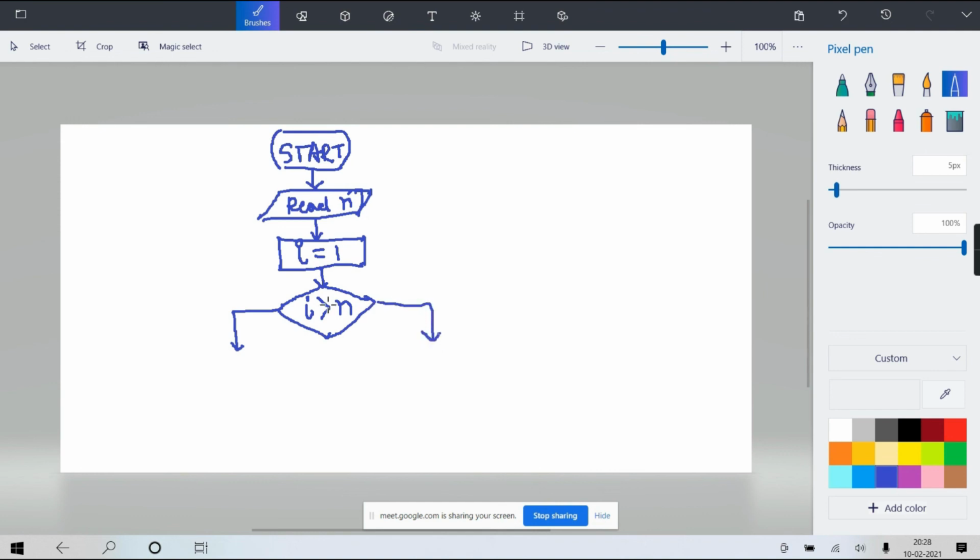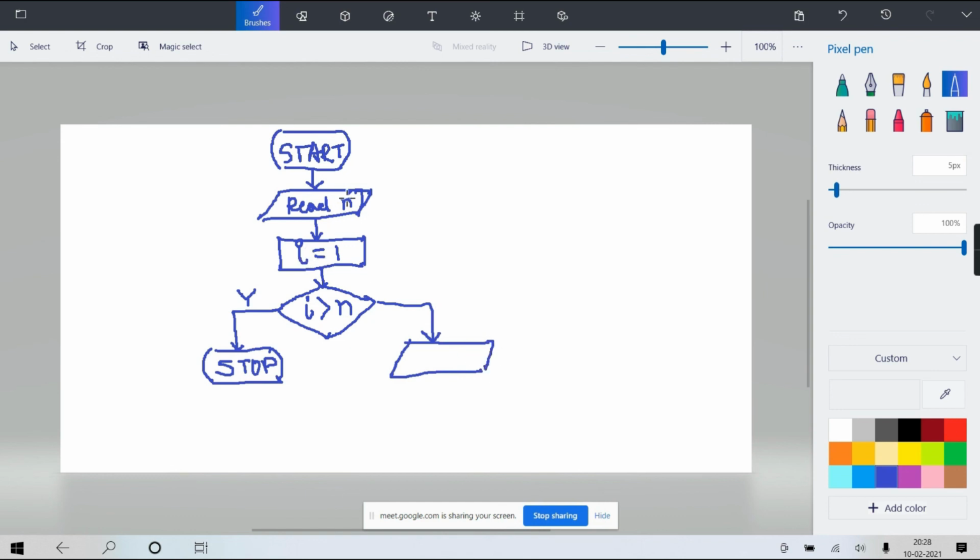So if I is greater than n, yes, then we are going to stop the algorithm. But if I is not greater than n, then we will print that I.